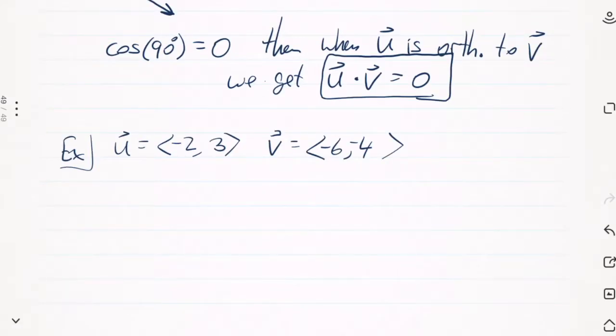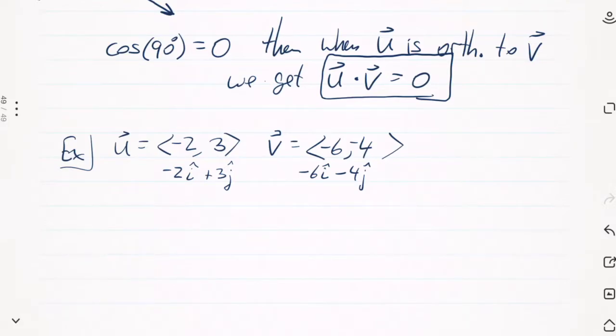So let's say we have these two vectors, u being -2, 3, and v being -6, -4. Now, just a reminder, you can also write this as -2i plus 3j, and this one over here is -6i minus 4j. So whether it's written in ij notation or component notation, personally I like component.